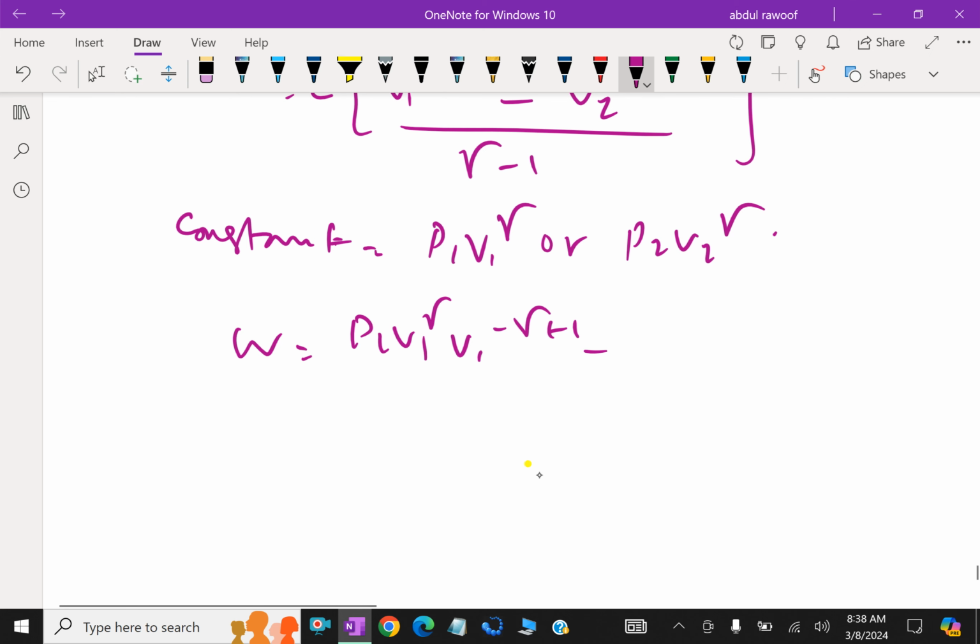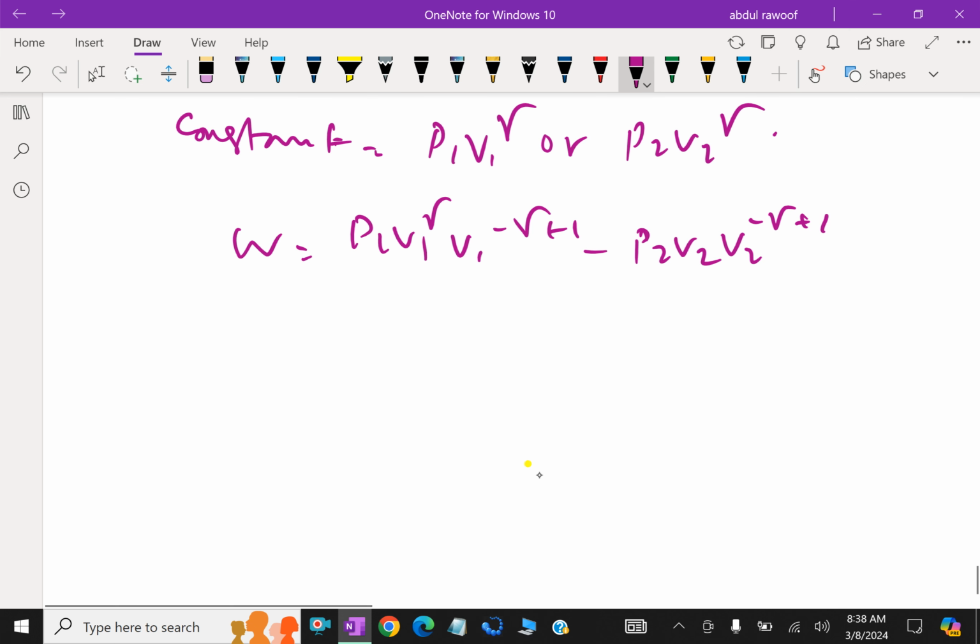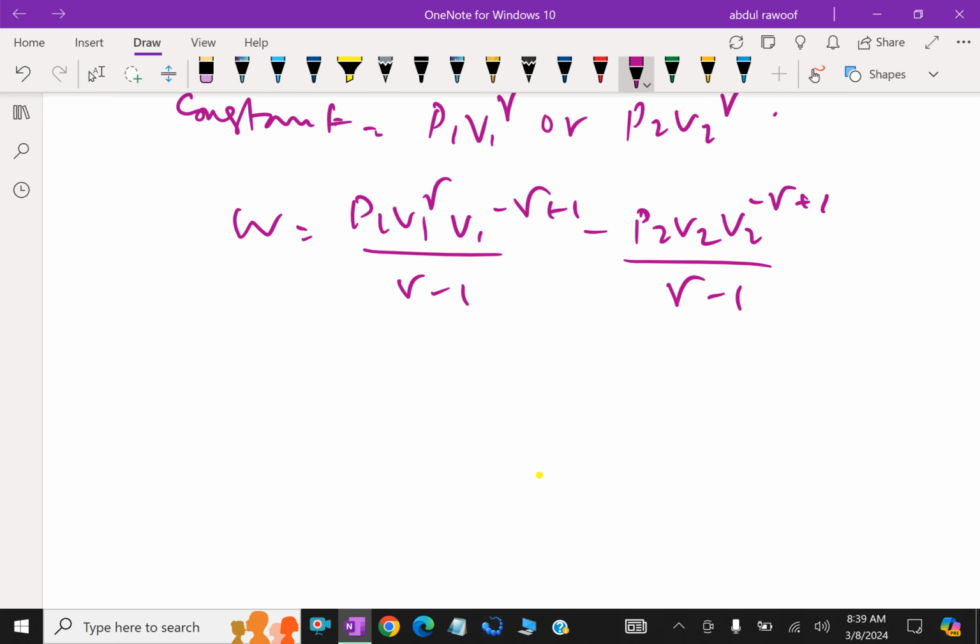Then P2 V2 power gamma into V2 power minus gamma plus 1, both over gamma minus 1.